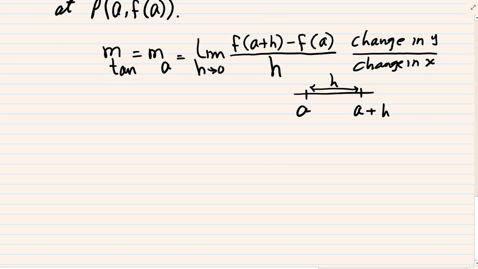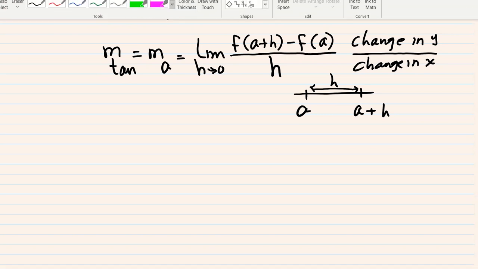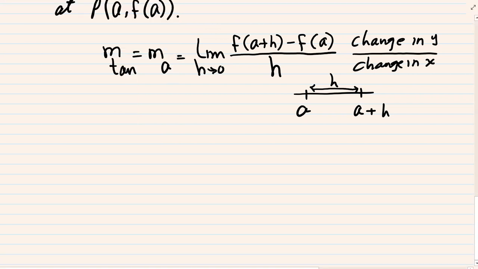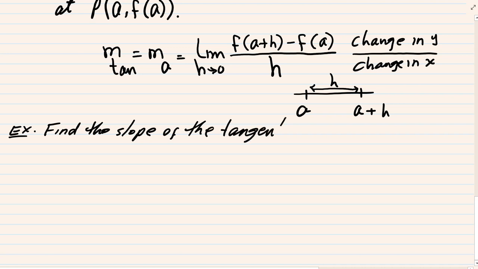So let's actually take a look at an example right off the bat here. Okay, so let me change my pen and grab my black pen. This should do. Okay, so in this example, let's say we want to find the slope of a tangent line.